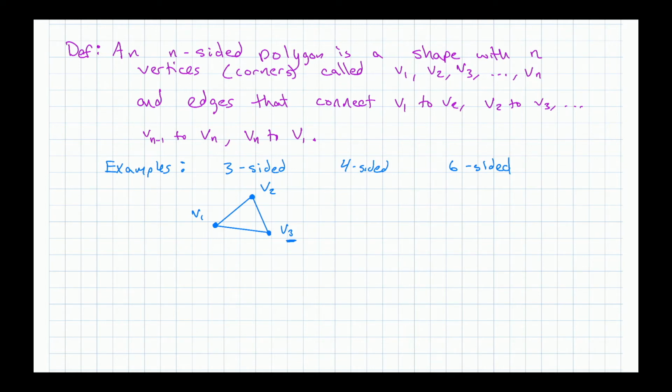Okay, three-sided polygon. All right, and that's all we're doing. So like a four-sided polygon, you have V1, V2, V3, V4, and 1 connects to 2, 2 connects to 3, 3 connects to 4, and when you get to the end of the list, 4 connects back to 1. And so that's how these are.